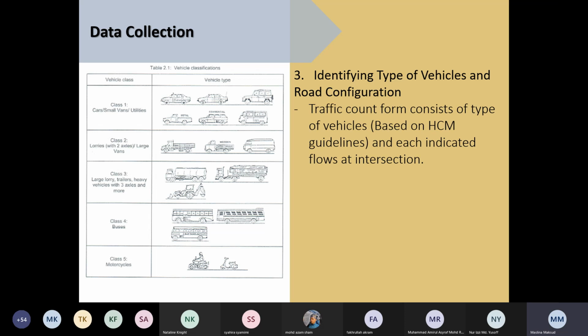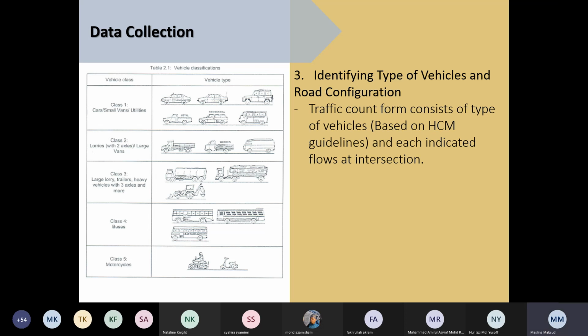During the traffic count, we must identify the type of vehicle for each indicated zone. This is because each vehicle has a different passenger car unit, so each has its own passenger car unit value. This we can refer to the Highway Capacity Manual, HCM.